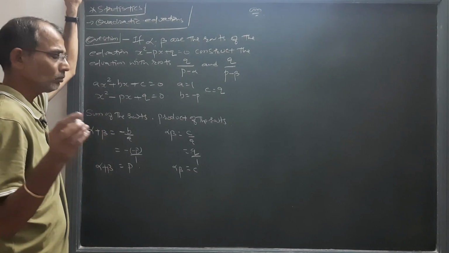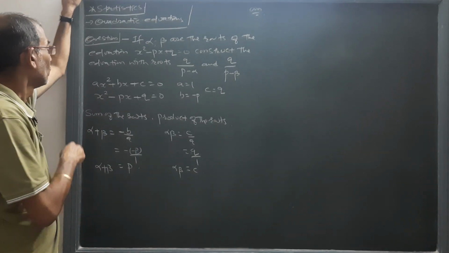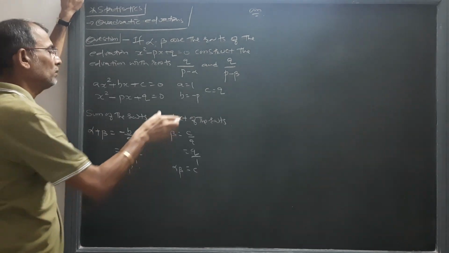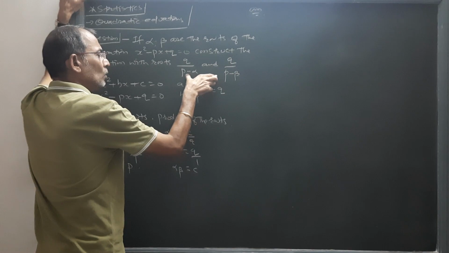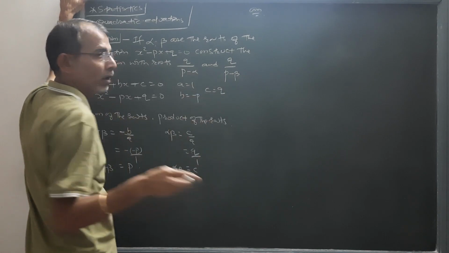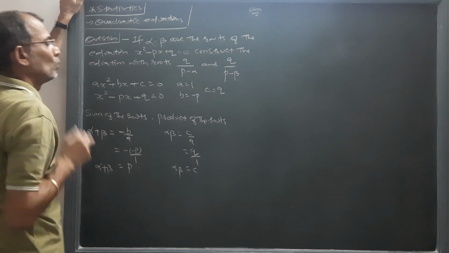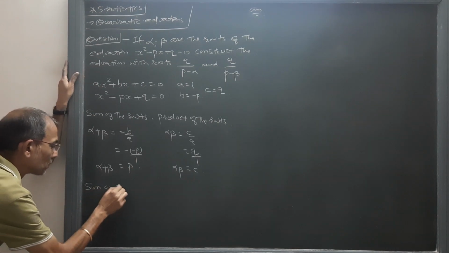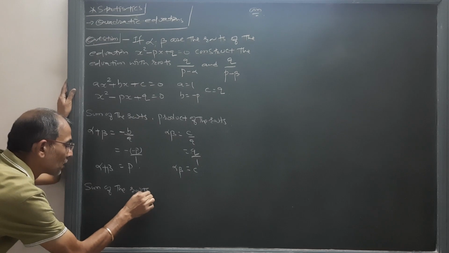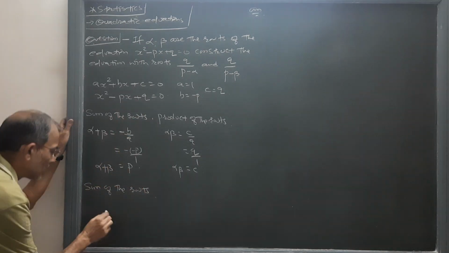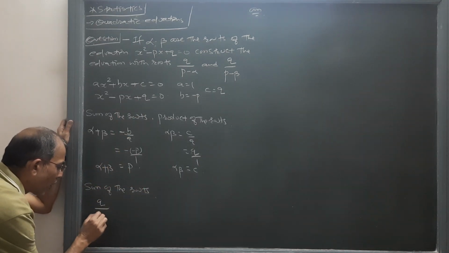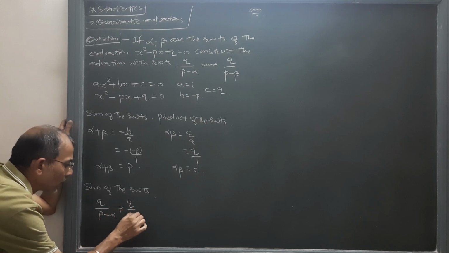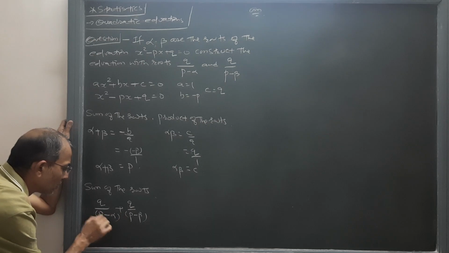Now, as we know, to construct the equation, we need the sum of the roots and the product of both these roots. So the sum of the roots means q upon p minus alpha plus q upon p minus beta.